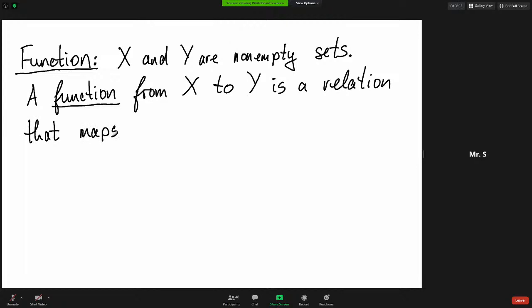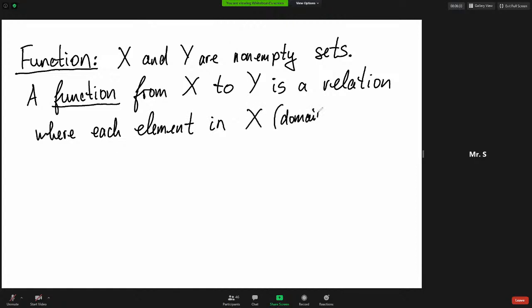So let's say it in the following way. It's a relation where each element in x, which is again the domain, corresponds to exactly 1.